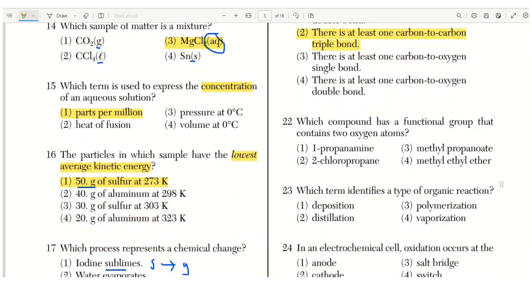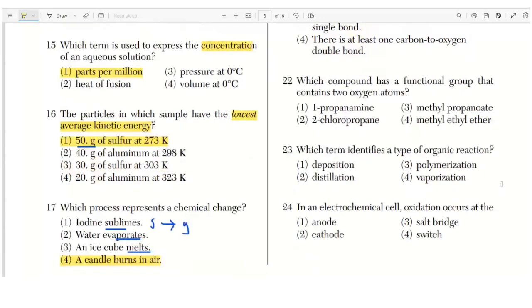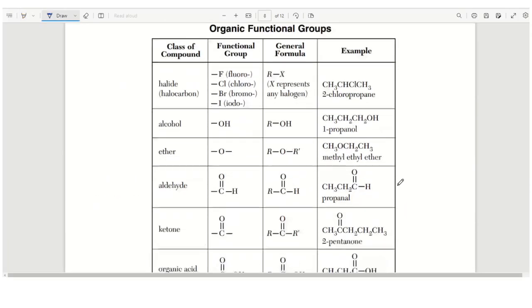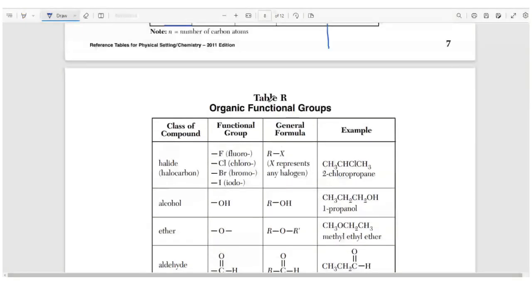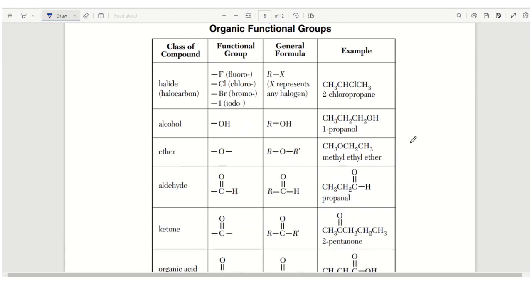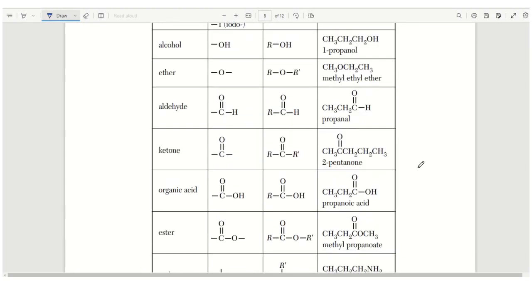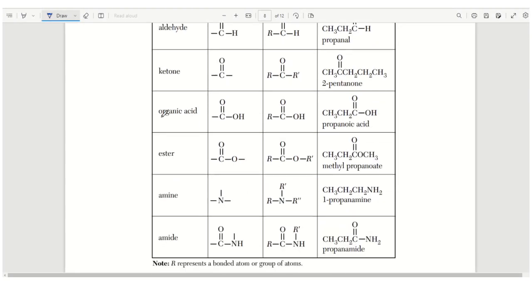Okay. And which compound has a functional group that contains two oxygen atoms? So this is the very next table where we have organic functional groups in Table R. And let's scroll down and see we have two options where there are two oxygen atoms. We have organic acids and we have esters. So it ends in something enoic acid or something with a yl and then an enoate.